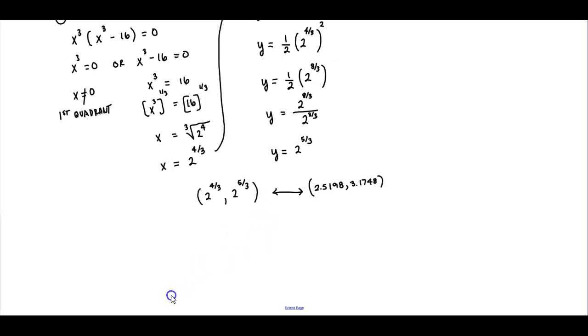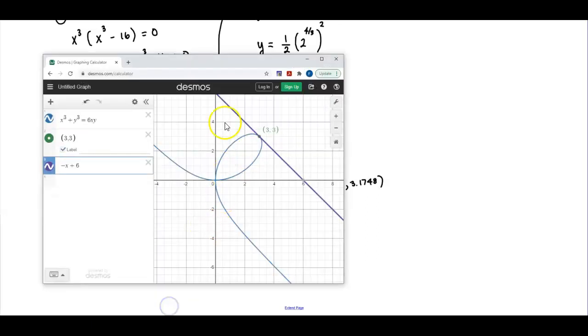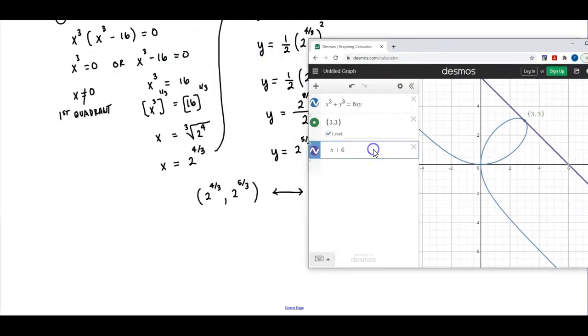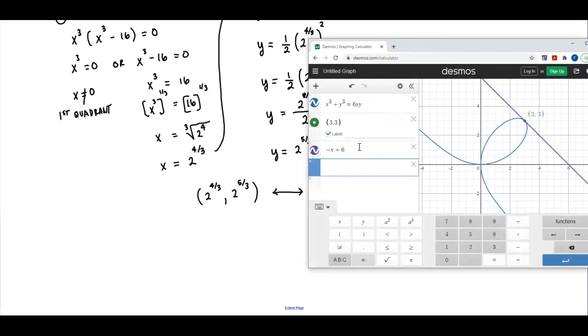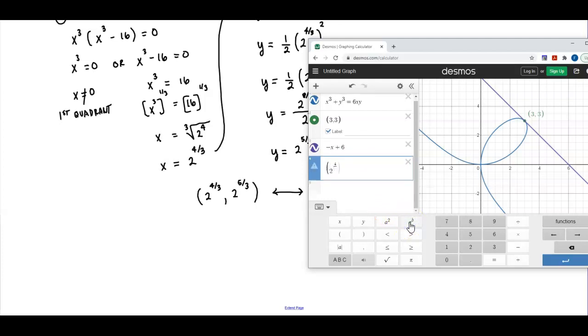Let's take a look at that on our graph. Let's plot that point. Is that going to be in the first quadrant? We'll go ahead and plot that point. We have 2 to the exponent of 4 divided by 3, comma, and then 2 to the exponent of 5 divided by 3.